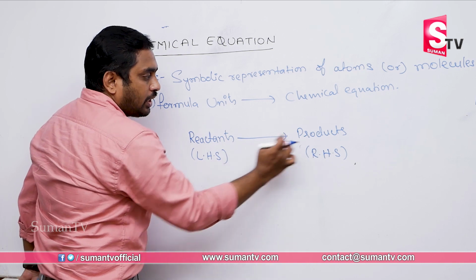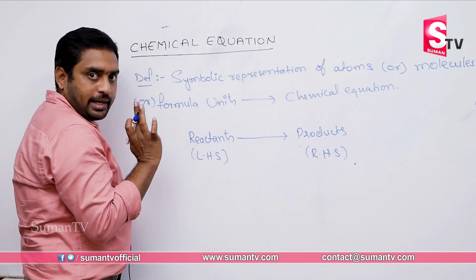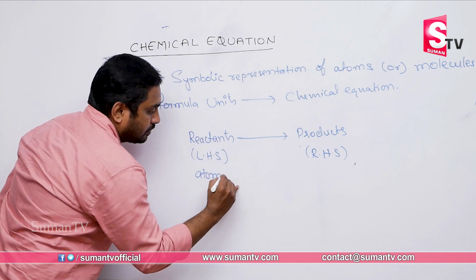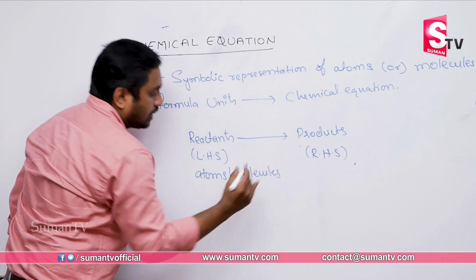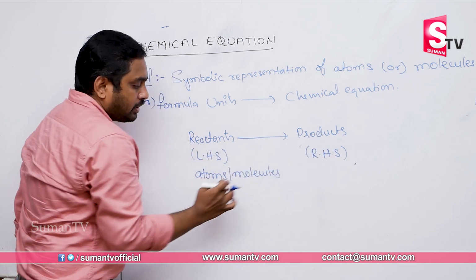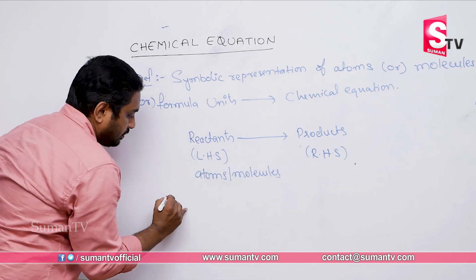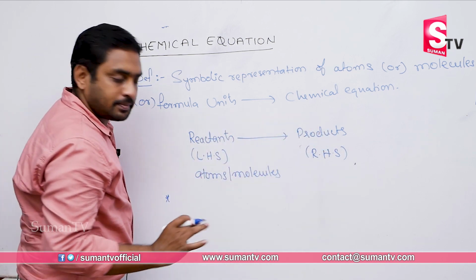Place the product after the arrow mark, on the right hand side. On the left hand side, what do we place? Reactants. Both reactants and products contain atoms or molecules. Reactant changes to product.